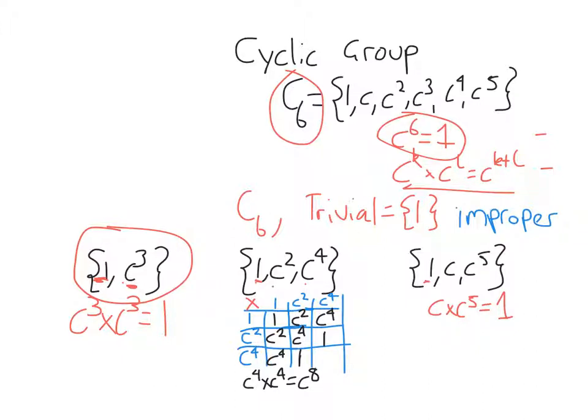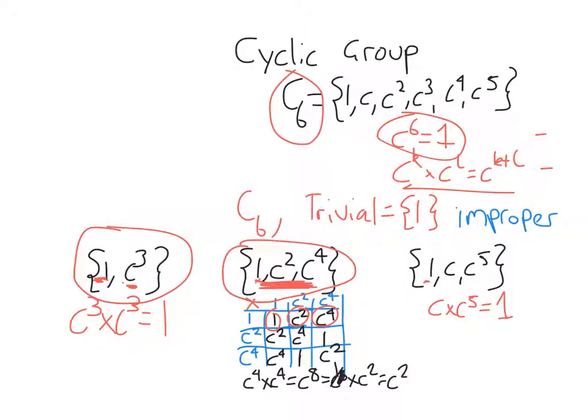But because c to the power of 6 is 1, this will just be 1 times c squared, which is c squared. So we can see that these 3 elements are closed under multiplication because any of the products are members of this set. So this one here is a subgroup as well.